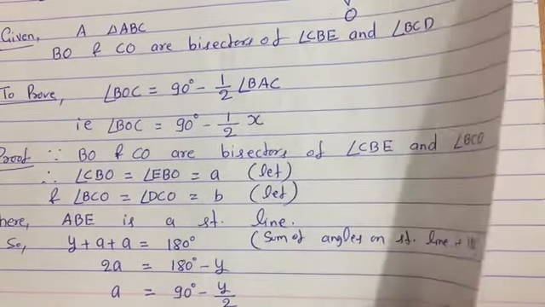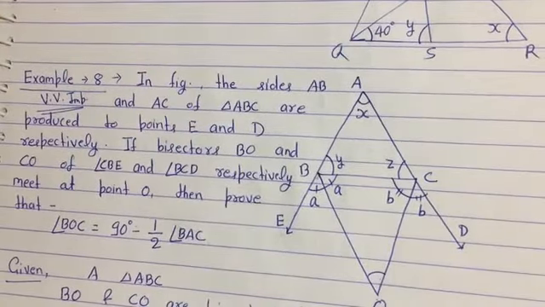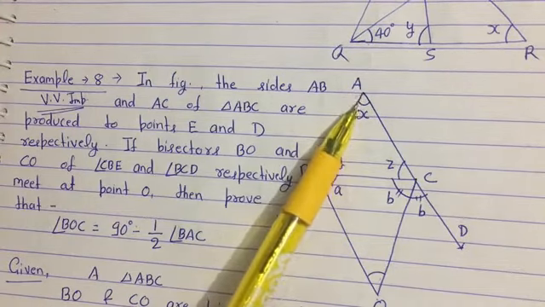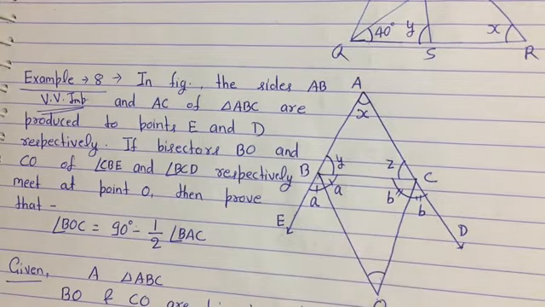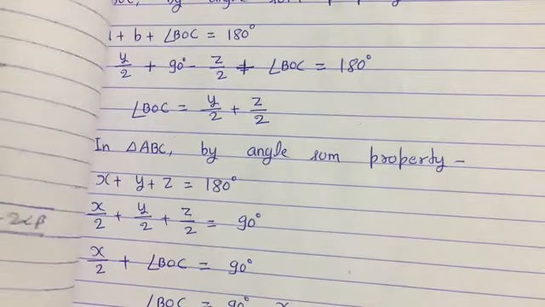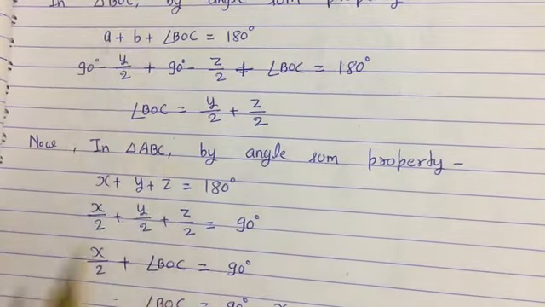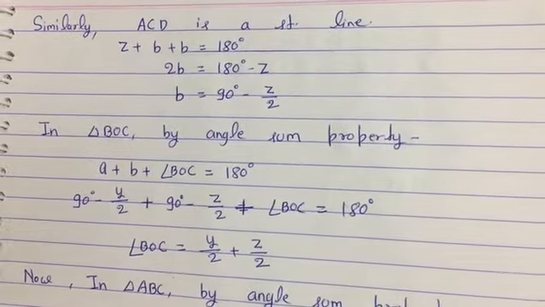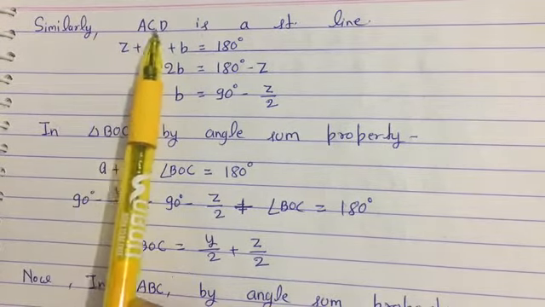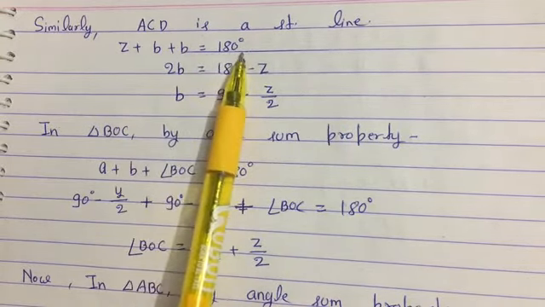After this, we are going to discuss the value of the straight line ACD, means z plus b is equal to what? 180 degree. Okay, look here, this is z, similarly ACD is a straight line, means z plus b is equal to 180 degree.